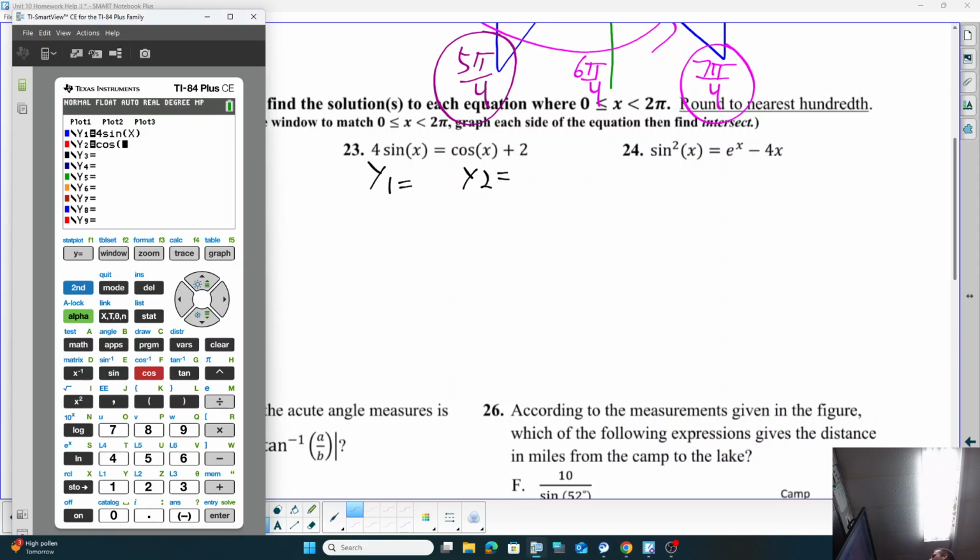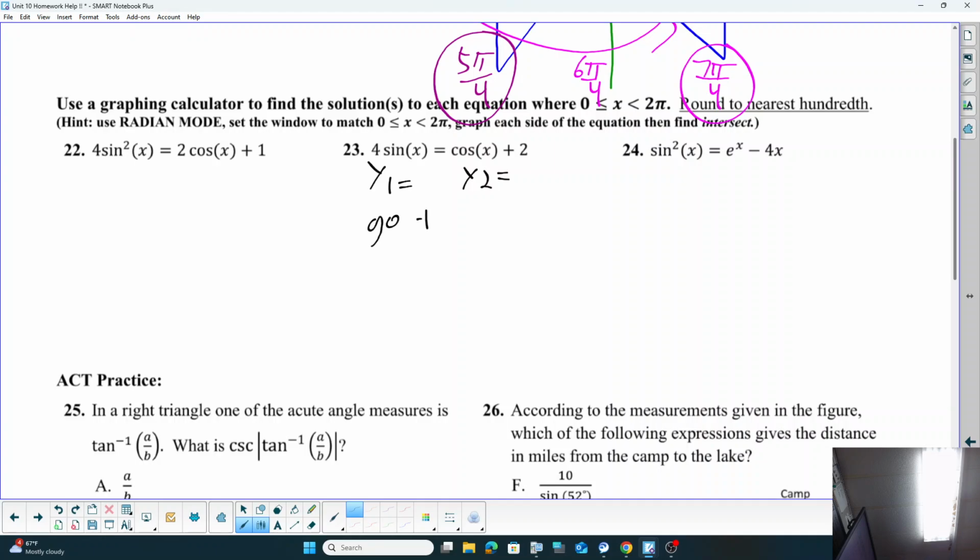We're just going to use the intersection feature. So that's cosine of x plus 2. I highly recommend you use second trace and that you use trig. So second calc, and then use intersection, right? Wait, that's really zoomed in. Sorry. Go to Zoom.